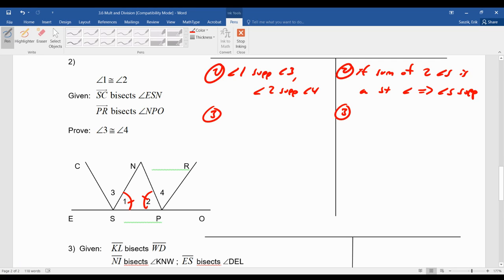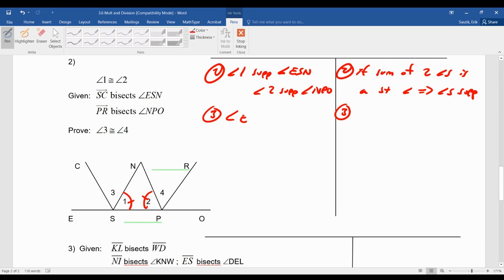Oh, I made a mistake here. I've got to fix this. Sorry, 1 is not supp to 3. 1 is supp to angle ESN, right? And 2 is supp to angle NPO. My bad. But remember, 1 and 2 are both congruent. That was given to us. So these two angles must be congruent because they're supp to congruent angles.